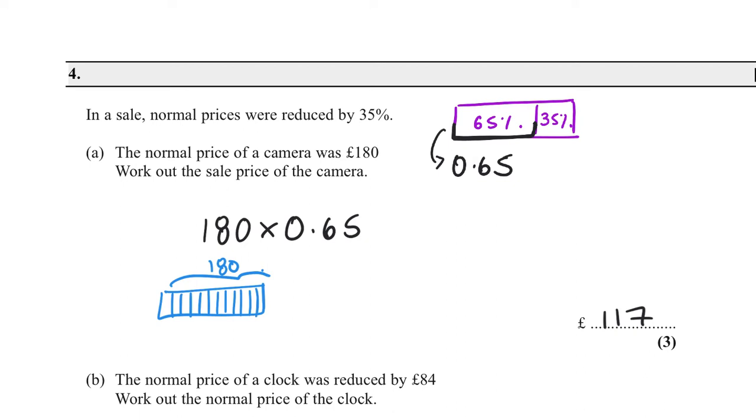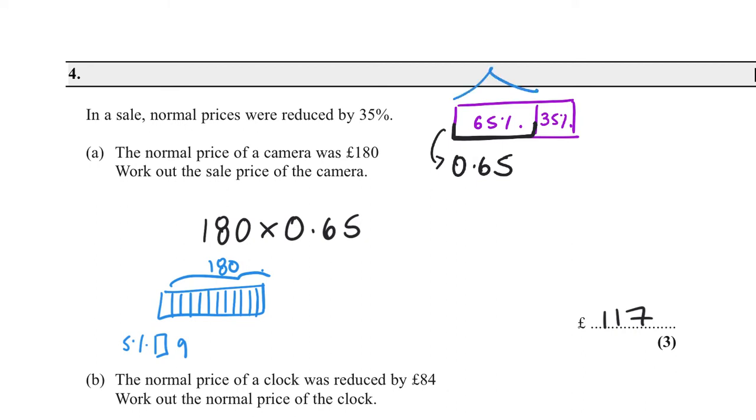So I know that 5% box is worth 36. No, what's 180 divided by 20? 9. So how many 5% boxes in 65%?